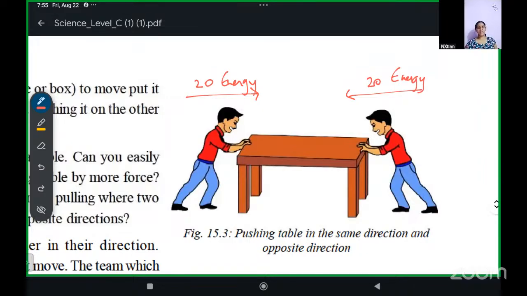But if this person has 40 energy, the table will move in this direction, because he has more energy, more force. He's pushing with more force from one side, so the table will move to the other side.